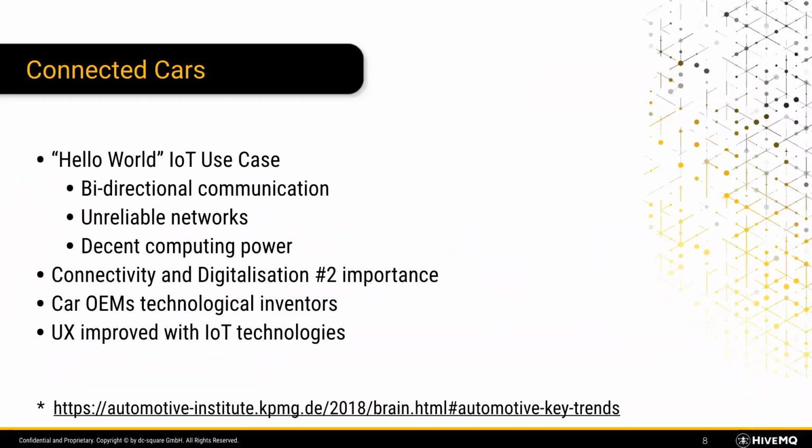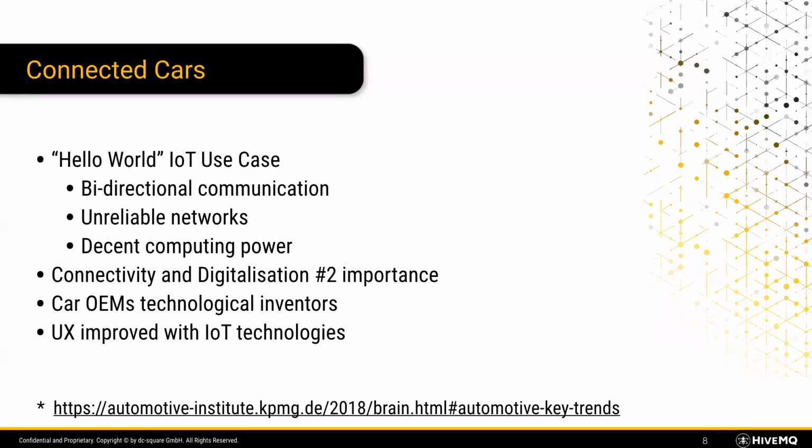As demonstrated, I like to see the connected car use case as the hello world IoT use case, because you want bidirectional communication. On the one hand, you can gather telemetry data from your cars, but you can also send commands like opening doors or starting ACs via applications.